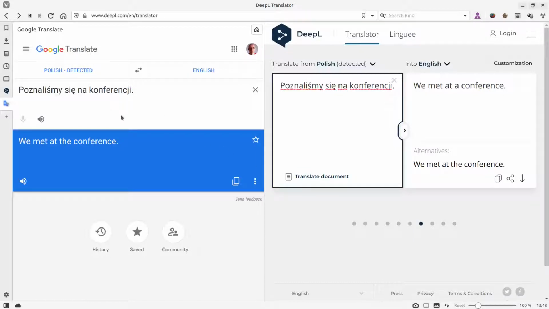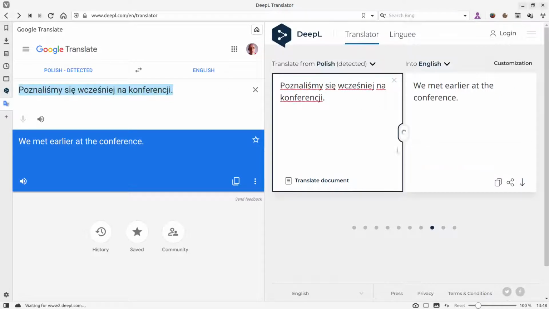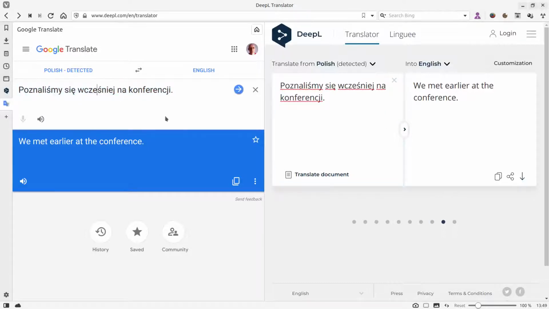Okay, so of course here we have less context. Still, the conference could be a specific event that both speakers know about. Okay, so the assumption is that, again, it's a specific conference.